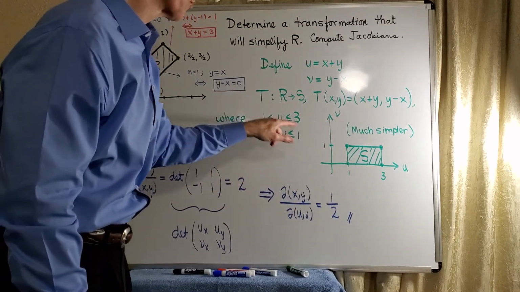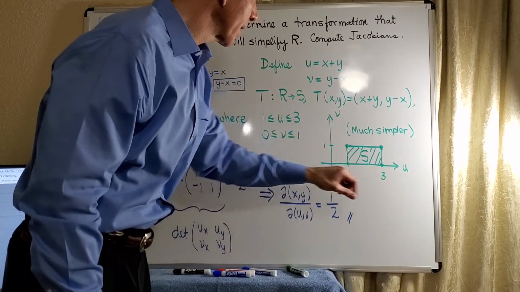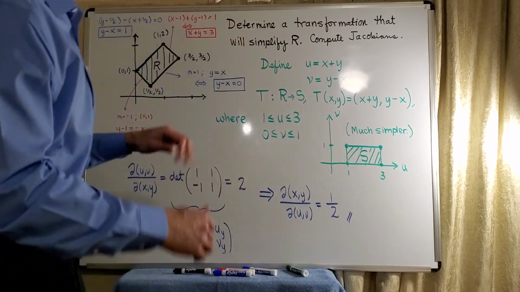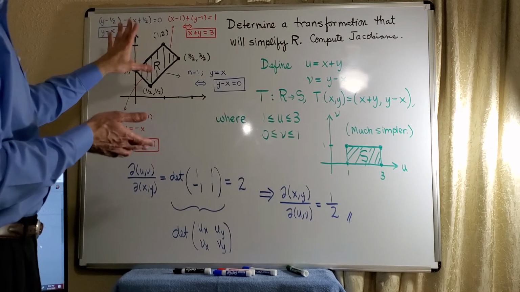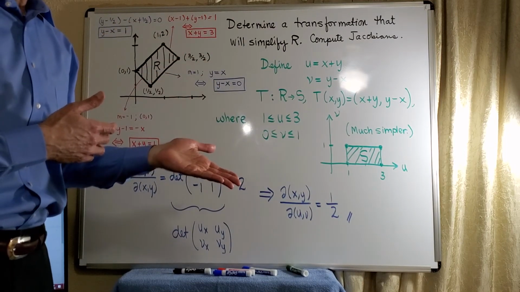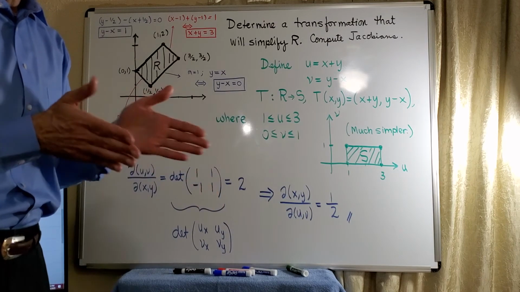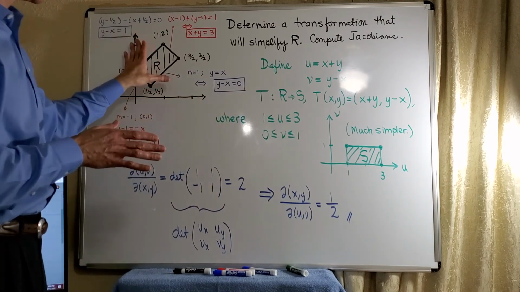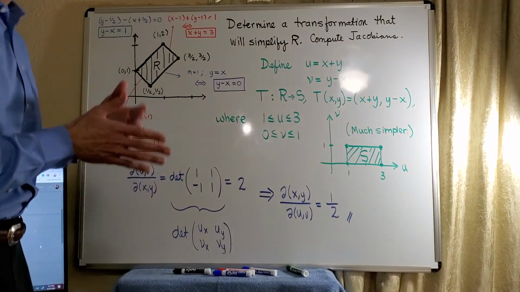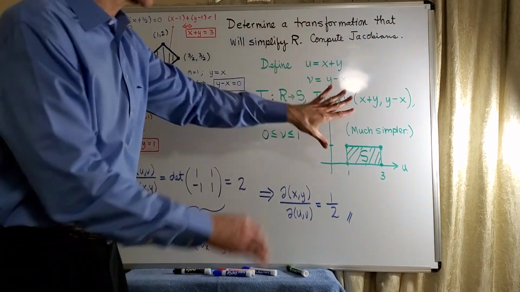So again, u runs from 1 to 3, v runs from 0 to 1, and we get this nice rectangle here. Now I don't have to go through the fact that these segments are converted into segments. I did that on the last problem. I'm not going to do that again. So we're going to understand that segments are mapped into segments under linear transformations. Now we've got our S.